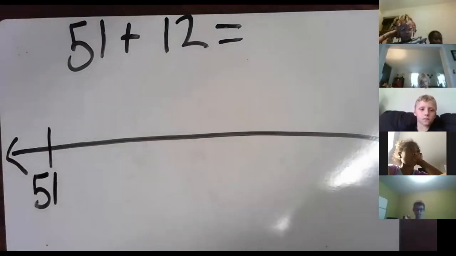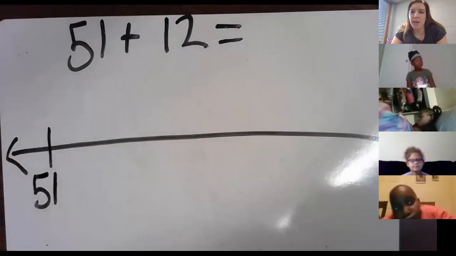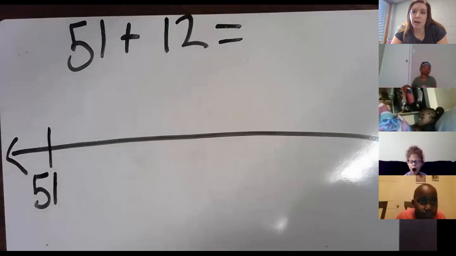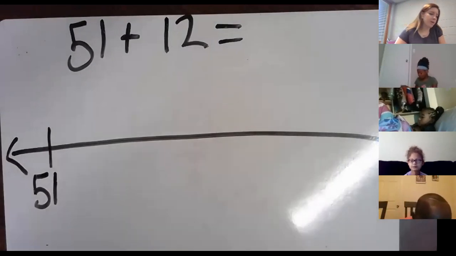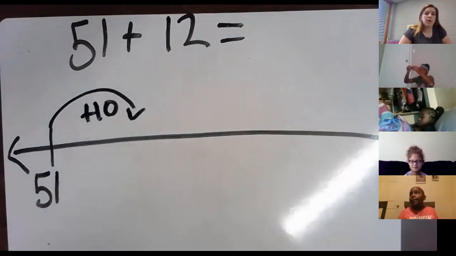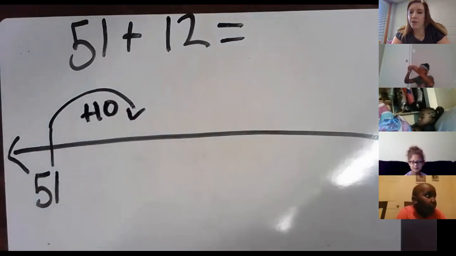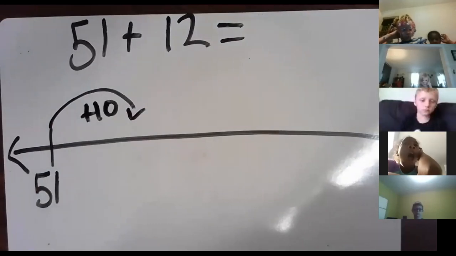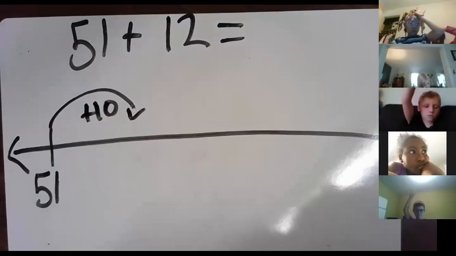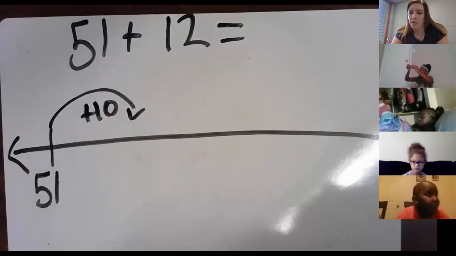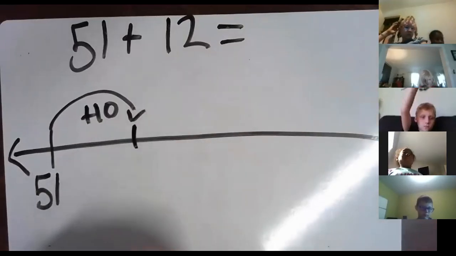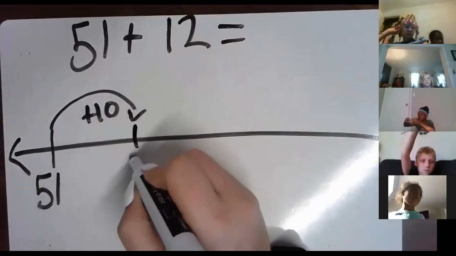And now I'm going to break apart my 10s and my 1s from 12. All right, so I have 1 ten to add, so I'm going to go ahead and add that 10. So what's 51 plus 10? Who can raise their hand and tell me? Gabe. 61.